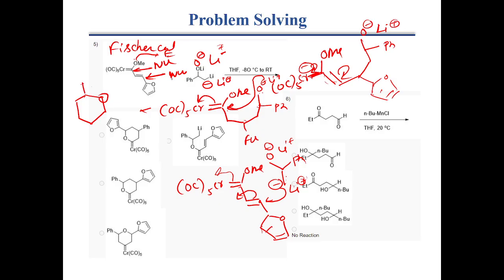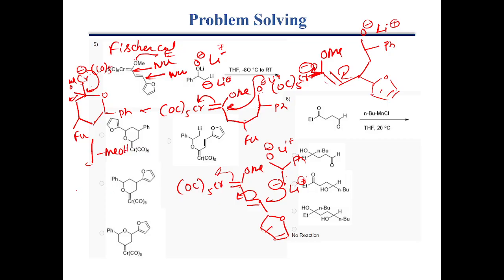Oxygen. This is the chromium minus Cr(CO)5, followed by OMe, CH2, furan, CH2. Now what happens? This will come and leave the OMe, so it will liberate methoxide.